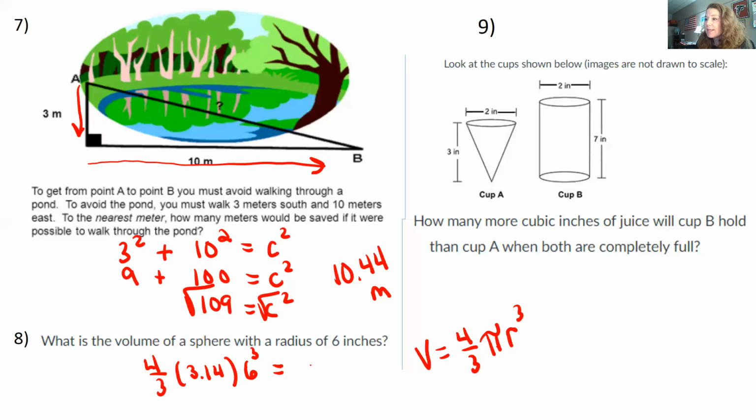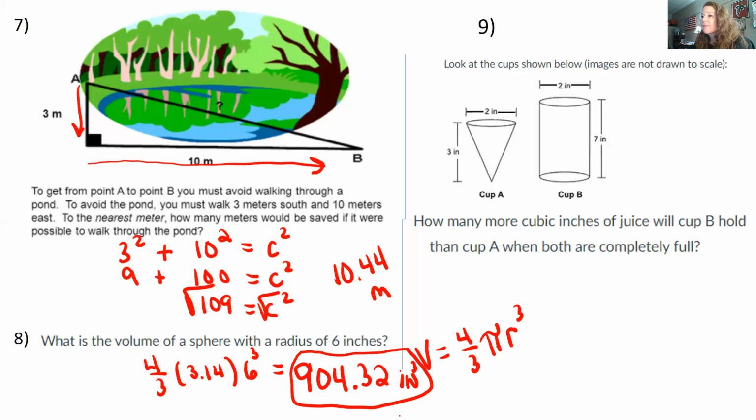And so the best answer without using the pi button is 904.32 cubic inches. That is the volume. Got that by plugging it straight into our calculator.